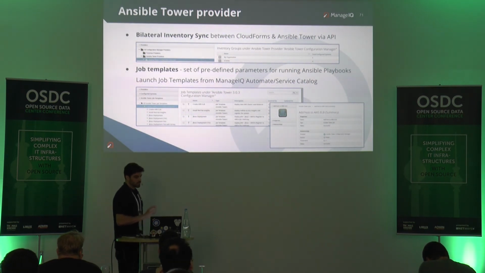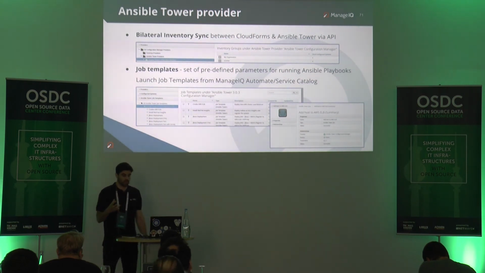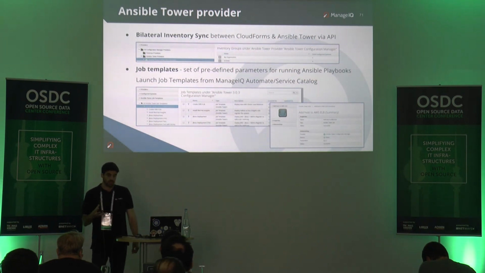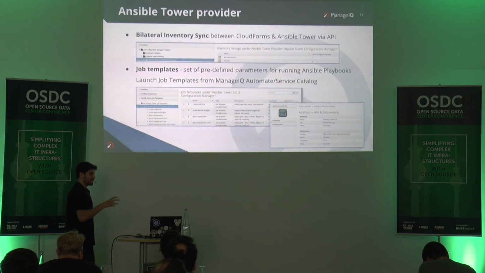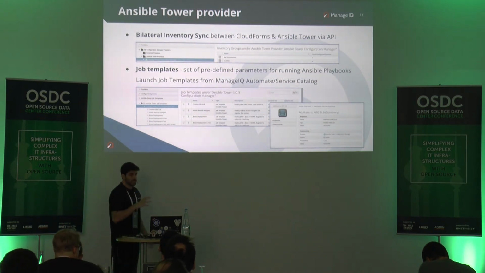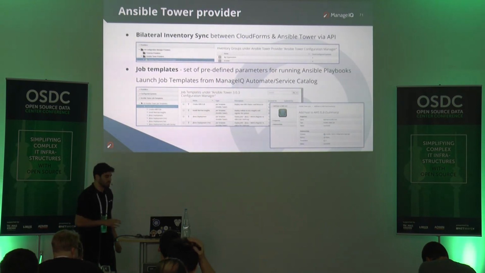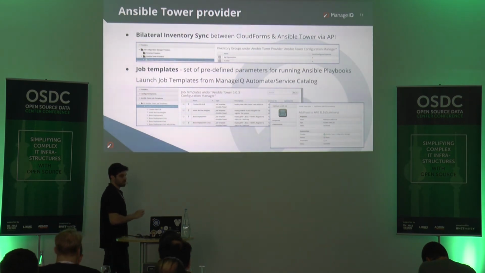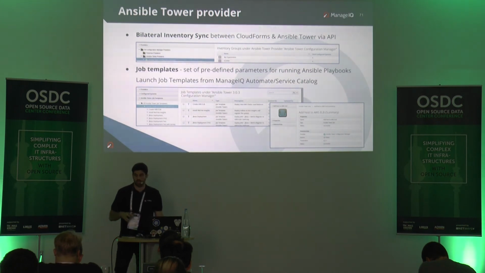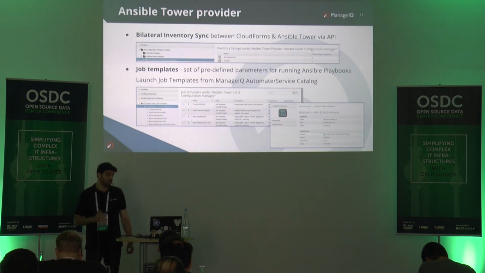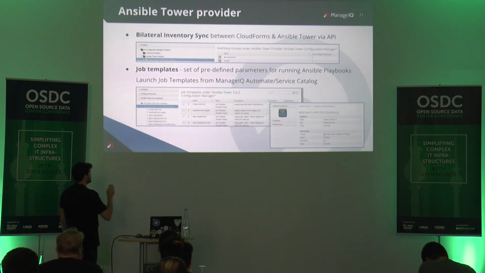And another abstraction over roles in Ansible. Roles are a set of playbooks with predefined parameters and variables and maybe some other files. So you have these job templates that you can launch from the automation or service catalog, as I said before, and each of these jobs can run multiple times.